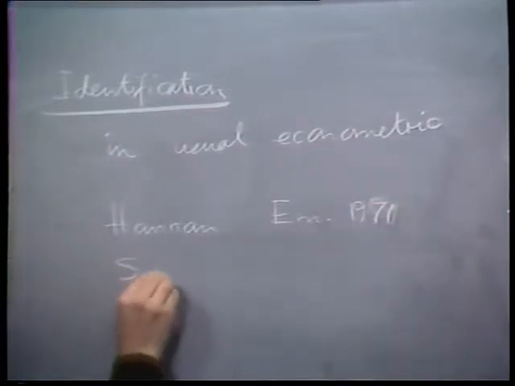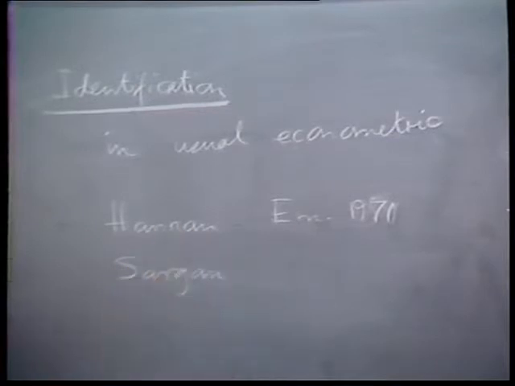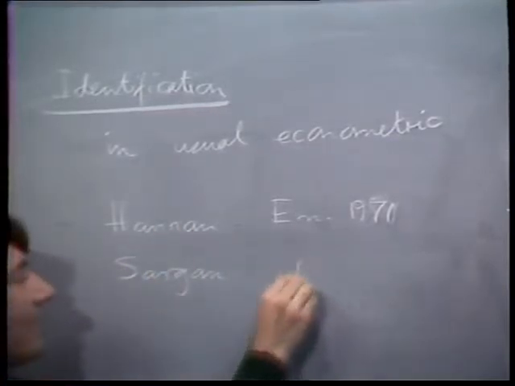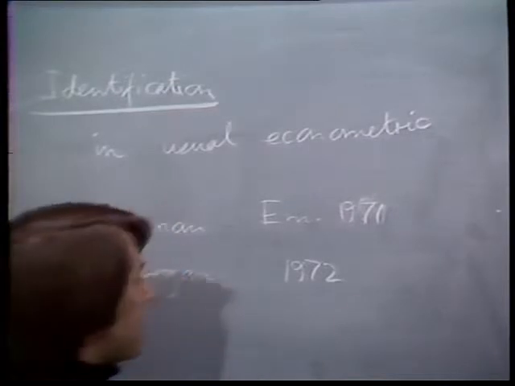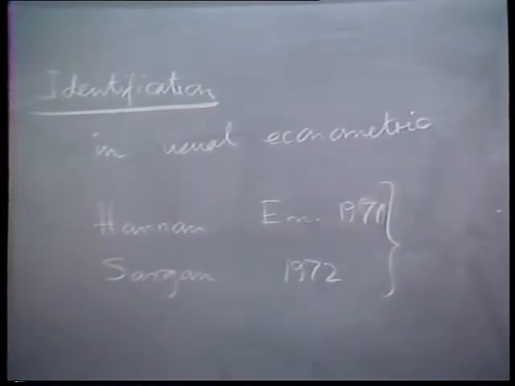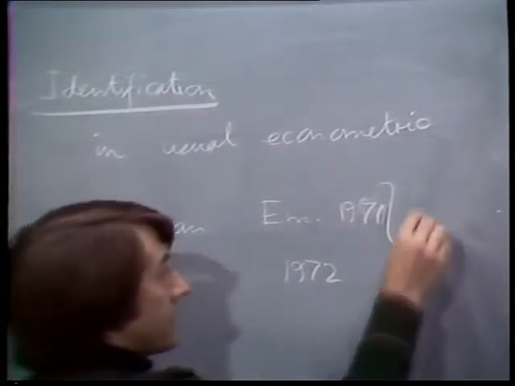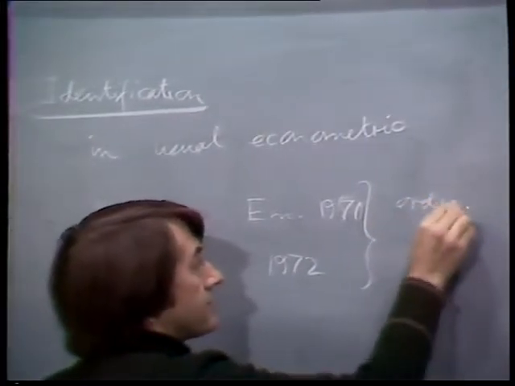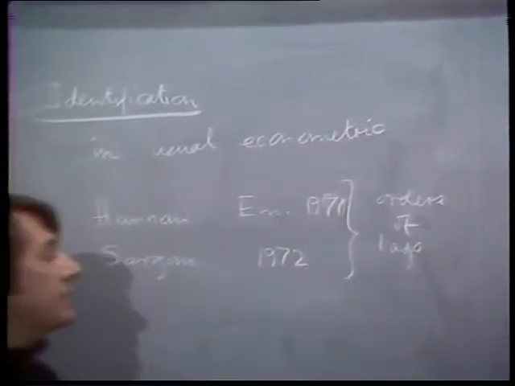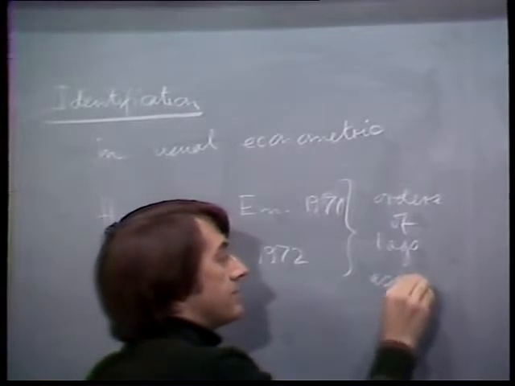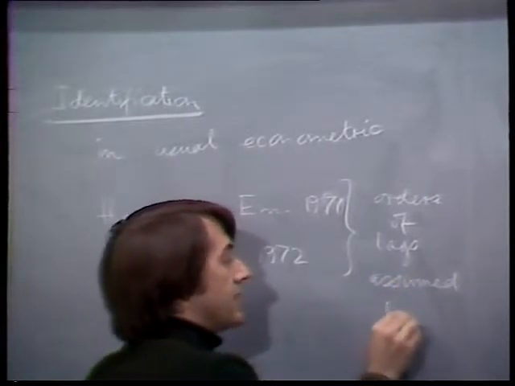And there are also results by Sargan in an often quoted but not yet published paper of 1972. But the common characteristic of those two sets of results is that the orders of lags in the model are assumed to be known.